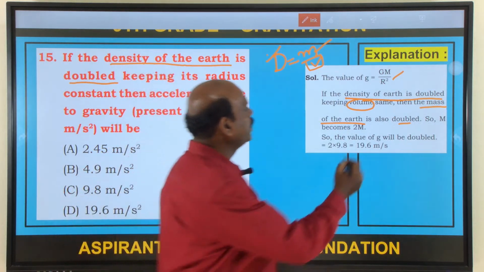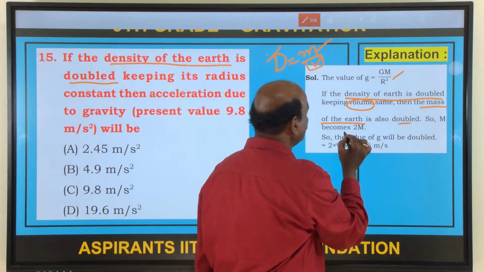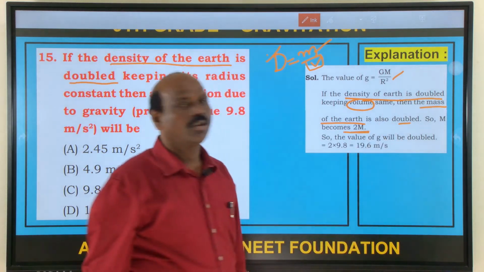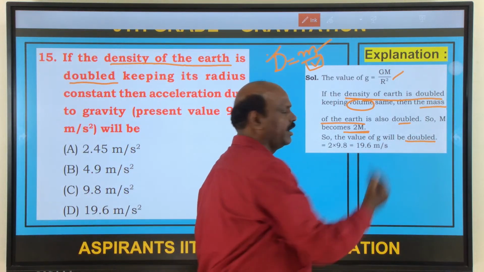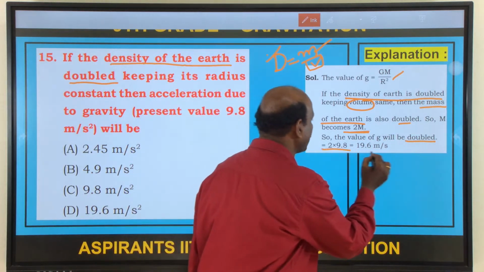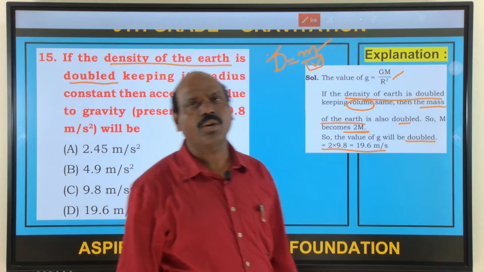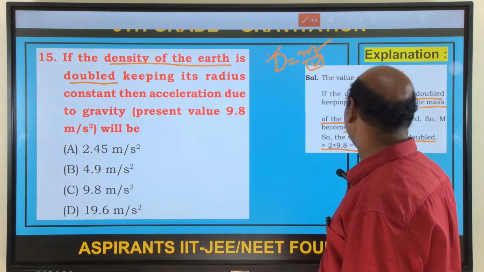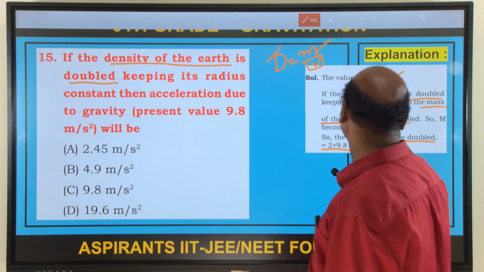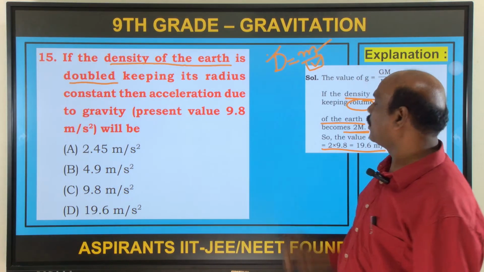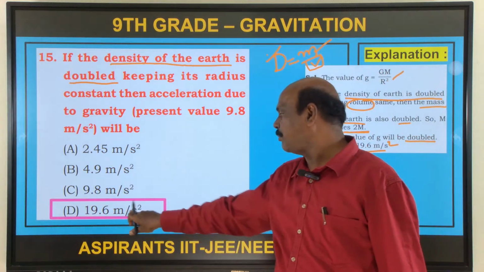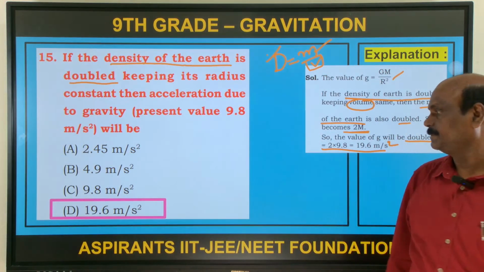So as the density is doubled, the mass will become 2M. So the value of g will be doubled, that is 2 into 9.8, which is equal to 19.6 meters per second squared. So acceleration due to gravity now will be 19.6 meters per second squared.